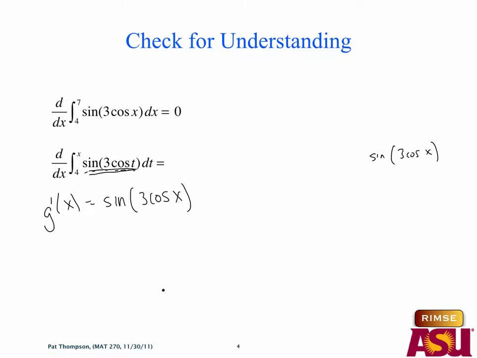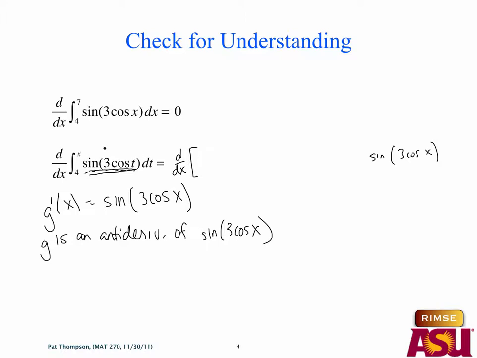Which means g is an antiderivative of this thing, right? That's the meaning of antiderivative. Okay, so then when I look at the integral from 4 to x of this rate of change function, I'm going to copy this down because that's still what we're trying to do.